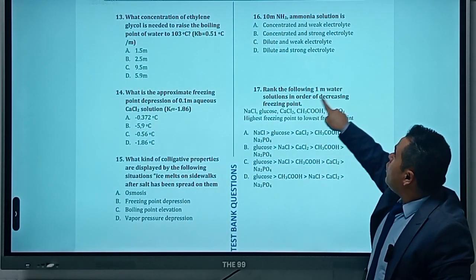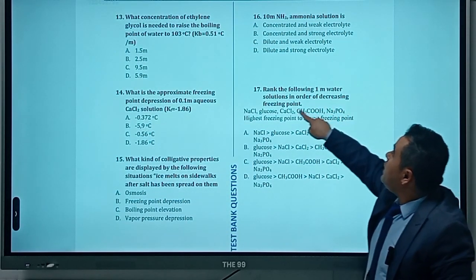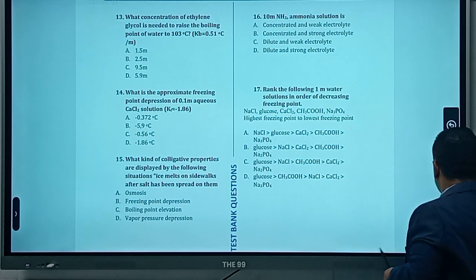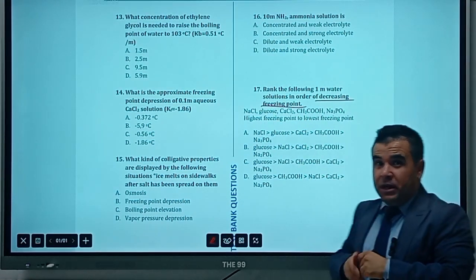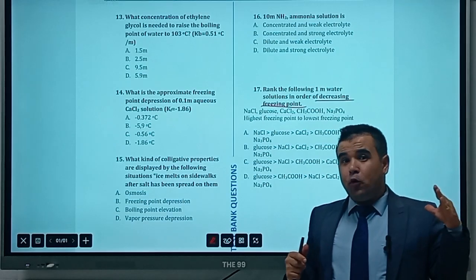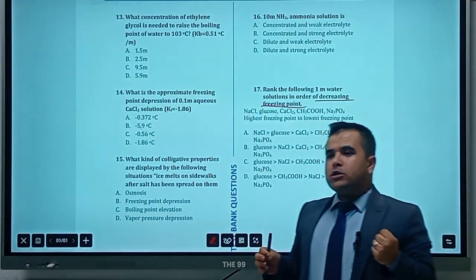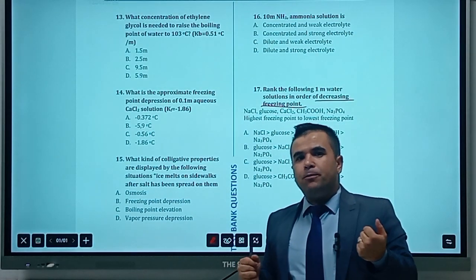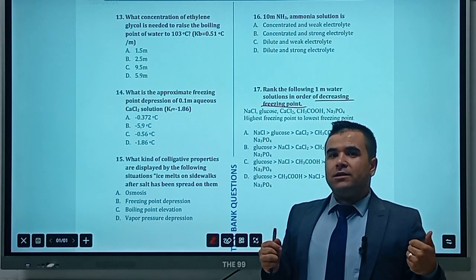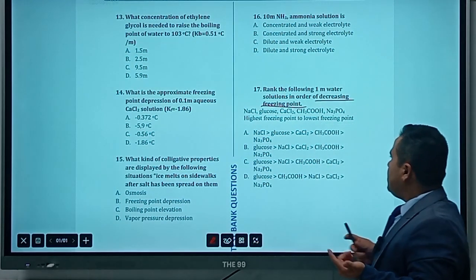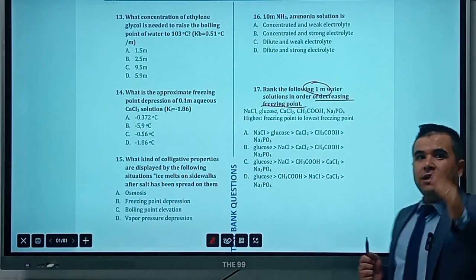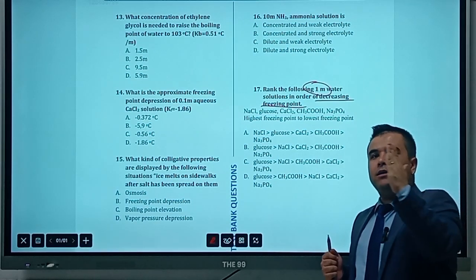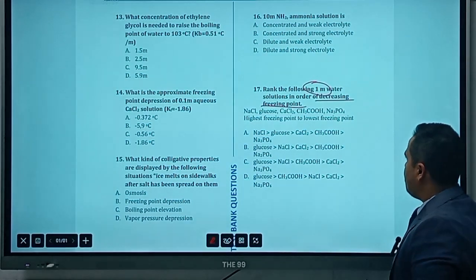The following 1 molar water solutions in order of decreasing freezing point, guys. Decreasing order means from the highest freezing point to the lowest. Of course, the one that has the highest freezing point has the least ion factor and least concentration. But here, the concentrations are equal, so start from the least ion factor, then higher, then highest ion factor.